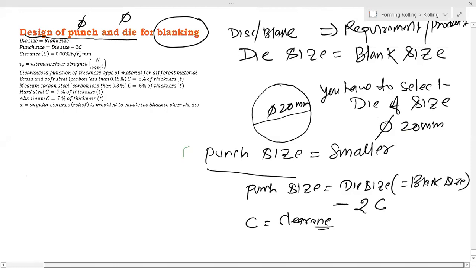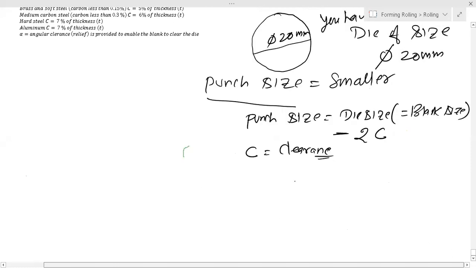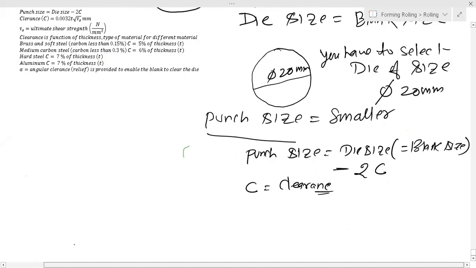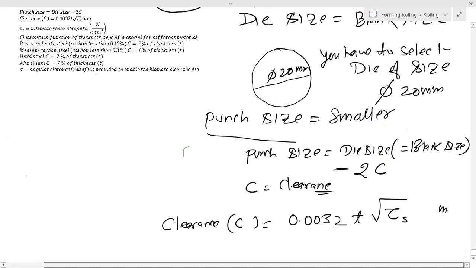And now what is clearance, why do we provide clearance, and what does clearance depend upon? Let us understand that. So clearance C is equal to 0.0032 T root under tau S millimeter. It means this clearance depends upon the thickness of the metal, the thickness of the strip, and the shear strength of the material.